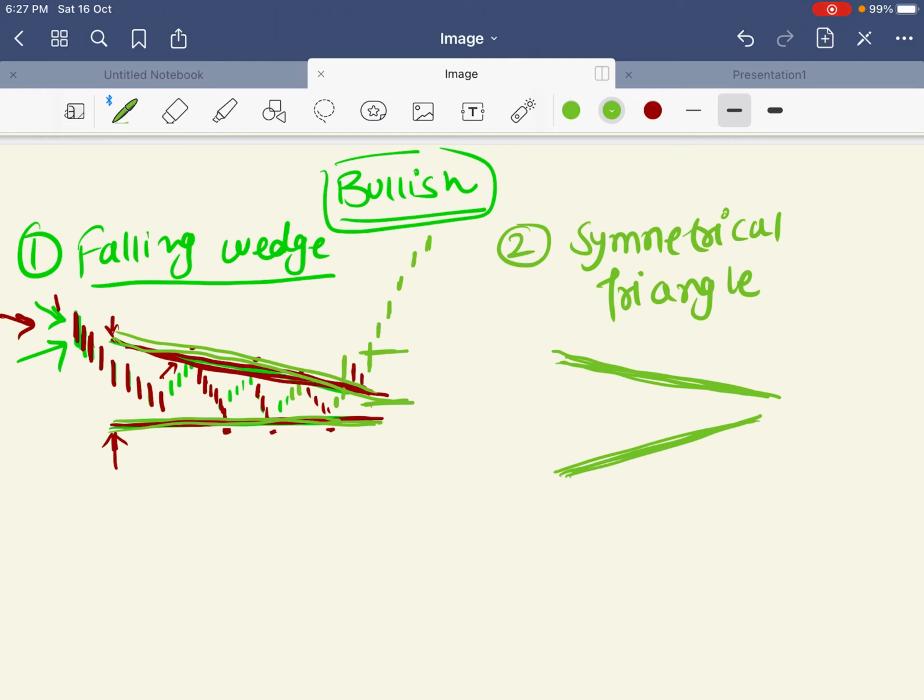For this, the trend should enter the triangle in a bullish way. Like this, the trend is entering the triangle like this and like this.